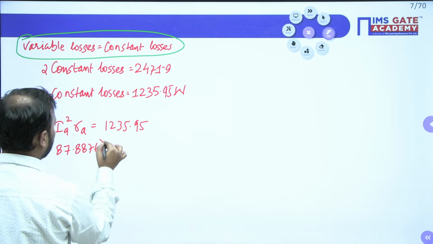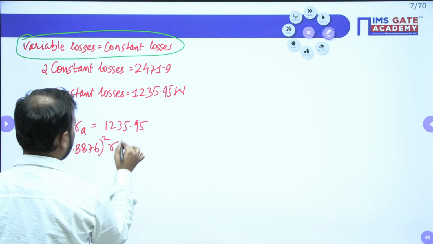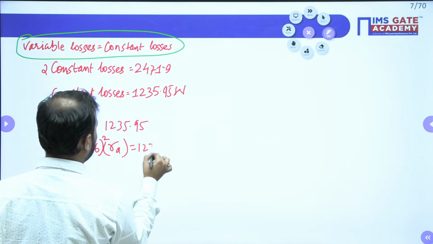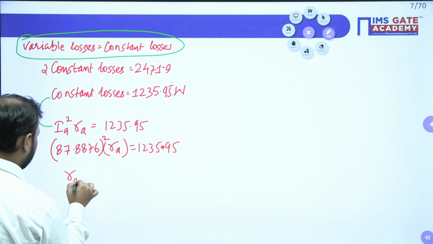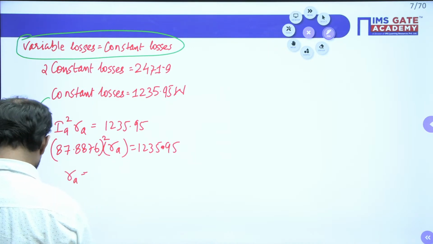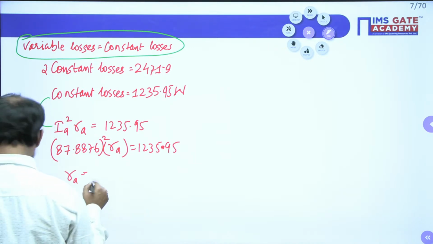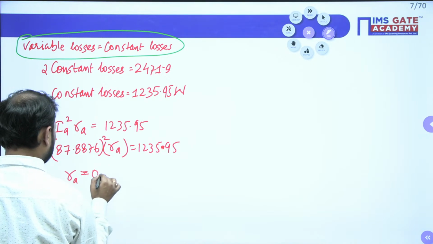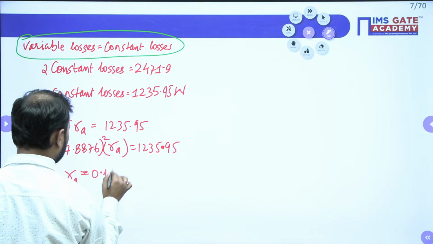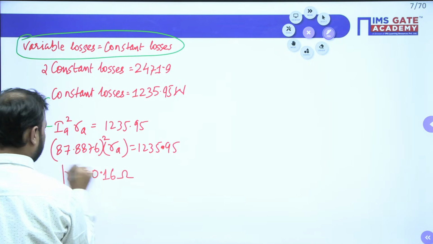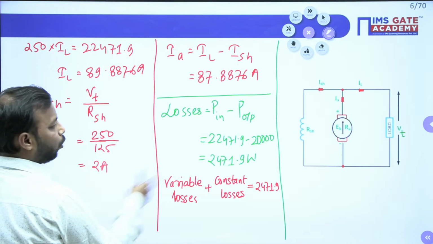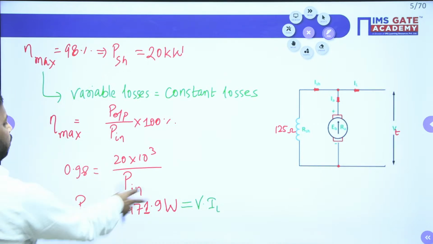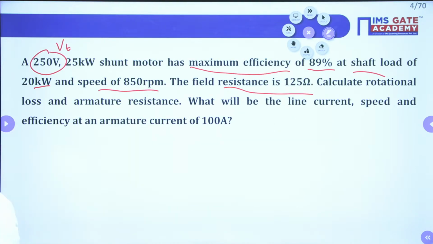So 87.8876 whole square into RA is equal to 1235.95, and from here RA will be equal to, let me write the result directly, 0.16 ohm. So this is the armature resistance that we got by solving these values. All right, am I clear?